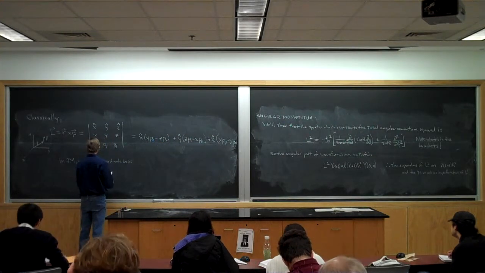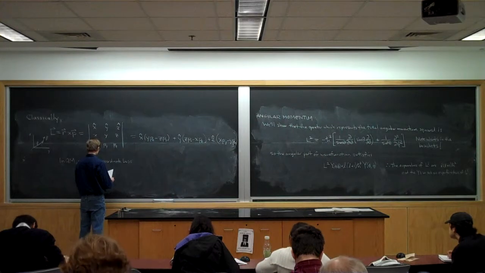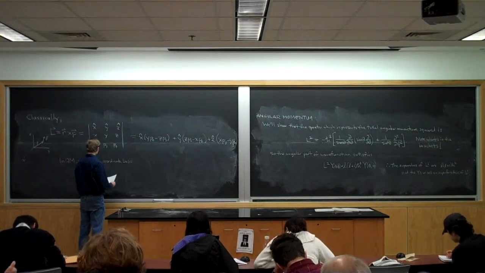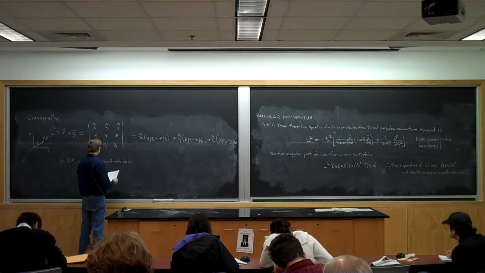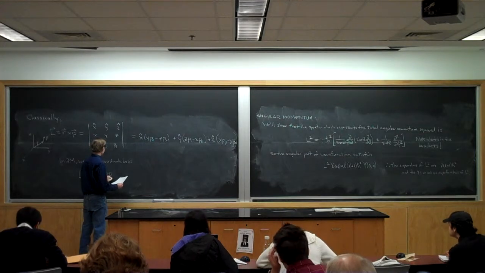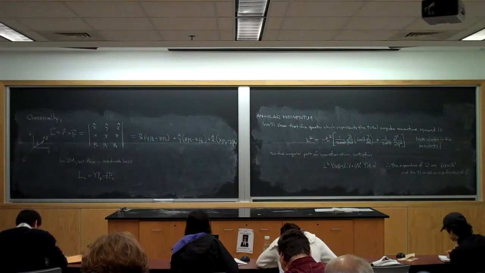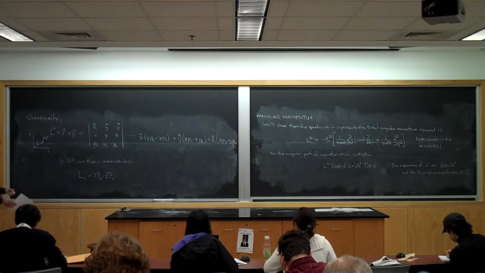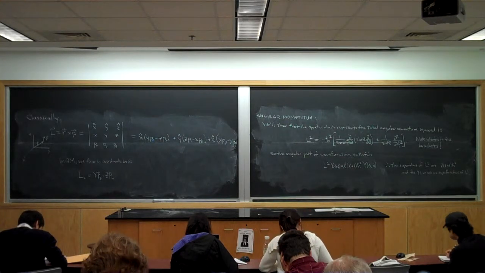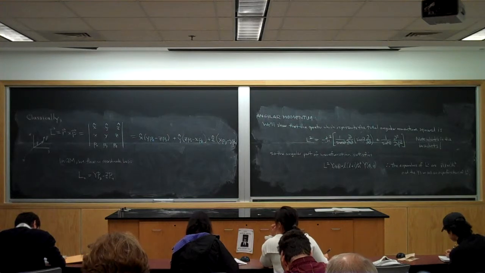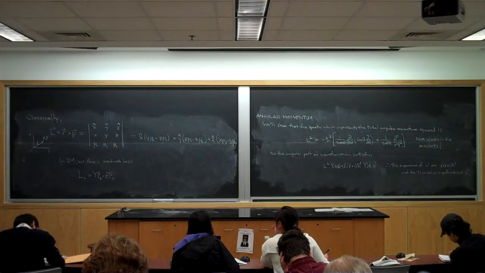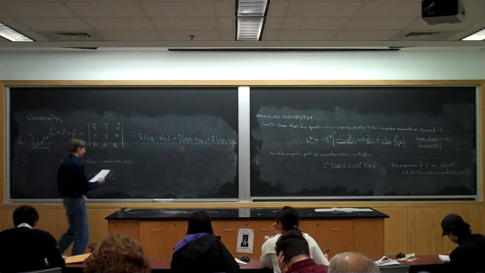So I'll use capital letters to say operators in the abstract. So YPz minus ZPy. And then if I go into the coordinate basis, I just make the usual substitutions that y and z are simply little y and little z, and the momentum operators are derivative operators.